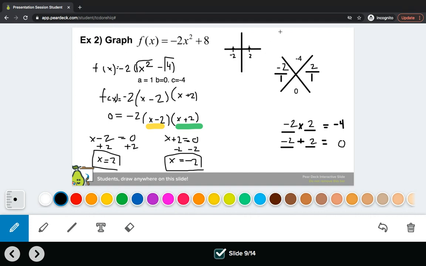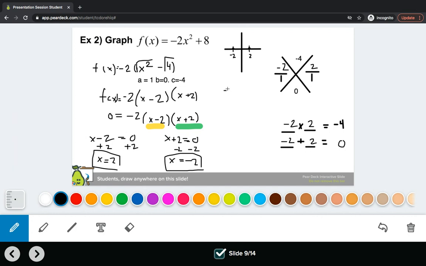Okay, and then keeping in mind, just like the last problem, these are both lying on the same axis, the x-axis. So that means they're mirror images of one another, meaning that our vertex has to be exactly in the middle. So if I take the middle point between -2 and 2, some of you probably can already figure out what that is just by looking at the graph, but I'm going to just do the math like we did the other one to find the midpoint.